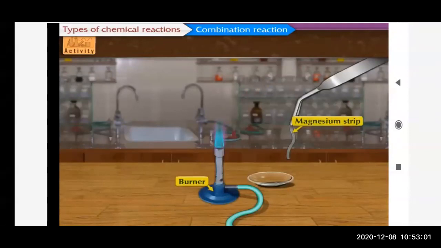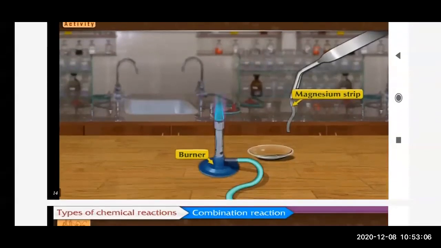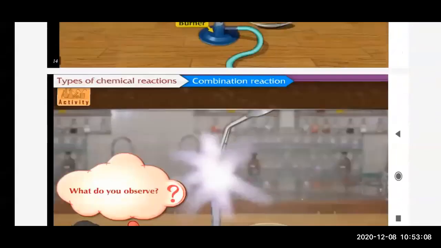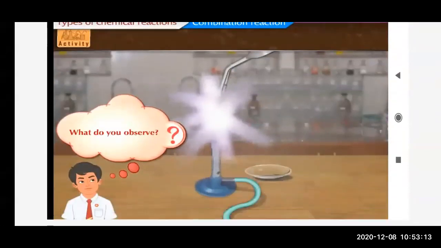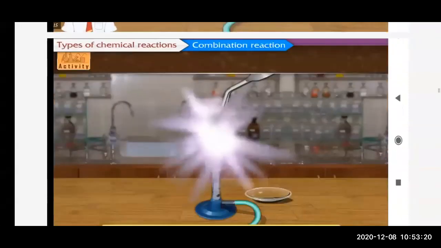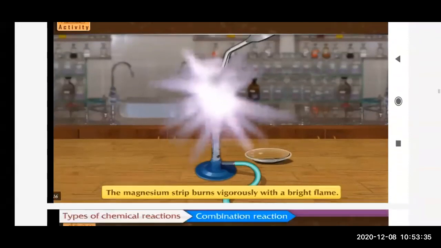With the help of the tongs, you hold that magnesium strip over the burner. After a few minutes, what do you observe? The magnesium ribbon burns vigorously with a bright flame, and we see a white powder of magnesium oxide formed.